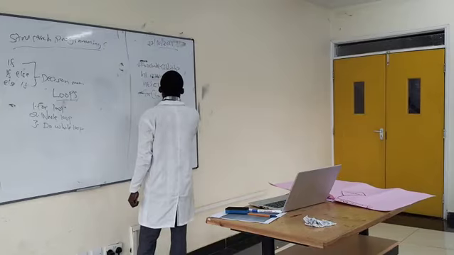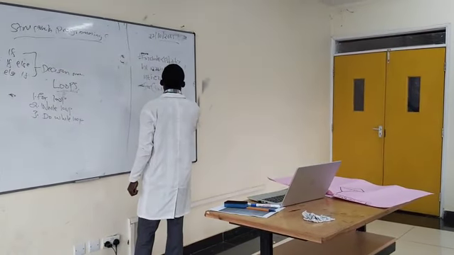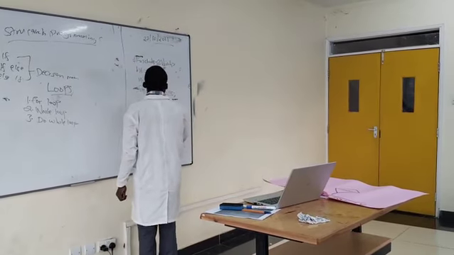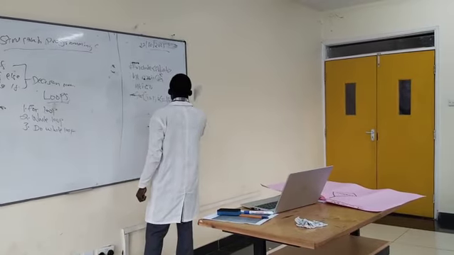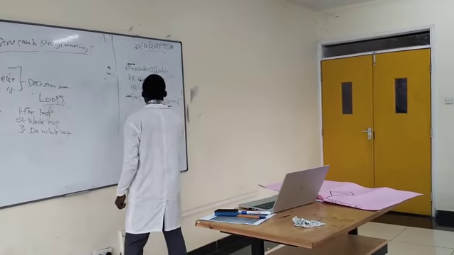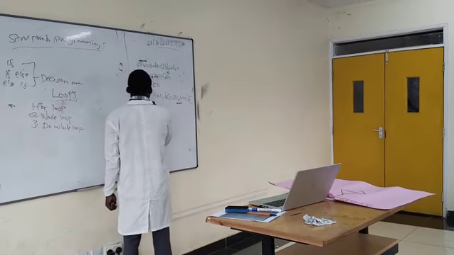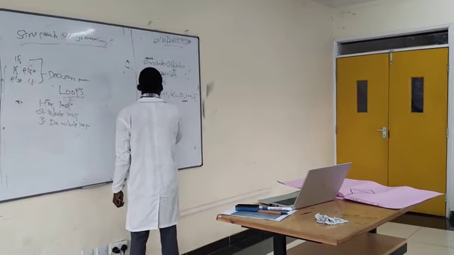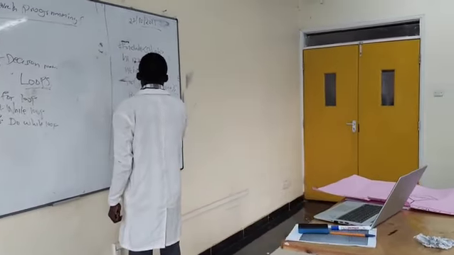And then what is the condition? i should be less than or equal to 10. Then our update, i plus plus. Then what are you doing? You are printing. printf.